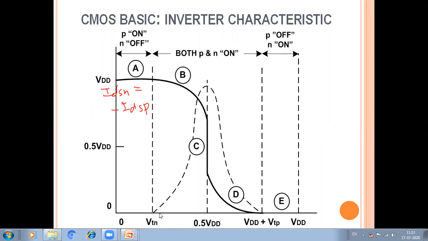But when I increase the input from 0, once the input voltage is greater than the threshold voltage, the output voltage slowly decreases.